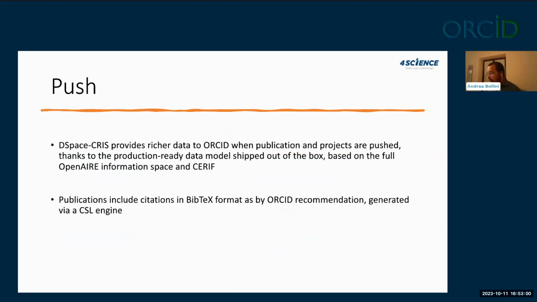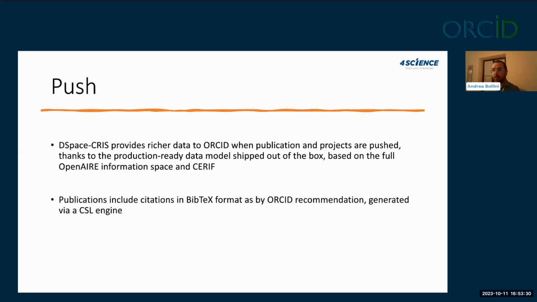Last but not least, the push feature of DSpace-CRIS is much more advanced than the one in DSpace. We provide richer data to ORCID because the data in DSpace-CRIS are richer out of the box. So the DSpace-CRIS configuration includes all the bibliographic details that are recommended by OpenAIRE and are used in modern systems, so as to give context about your research.